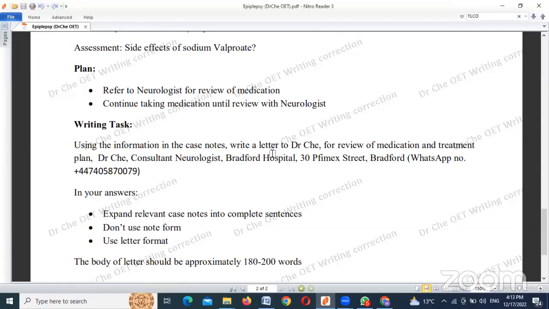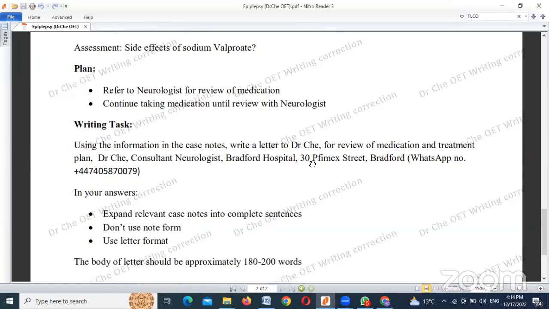My question is, from this task, which kind of letter could it be? You can see the plan also. In the plan is written: refer to neurologist for review of medication. Continue taking medication until review with neurologist. This is the advice that we have given to the patient. So which kind of letter is this? Normal referral, urgent referral, discharge letter?